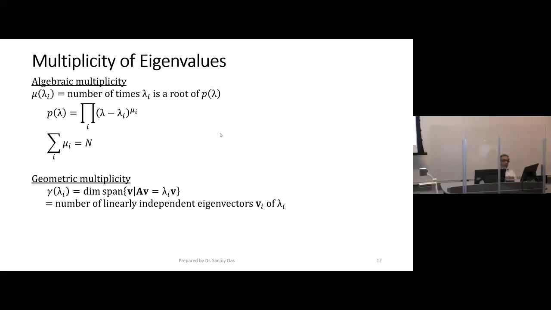That's the number of linearly independent eigenvectors V i of lambda i. Algebraic multiplicity is always greater than or equal to geometric multiplicity. Or mu of lambda i is always greater than or equal to gamma of lambda i.